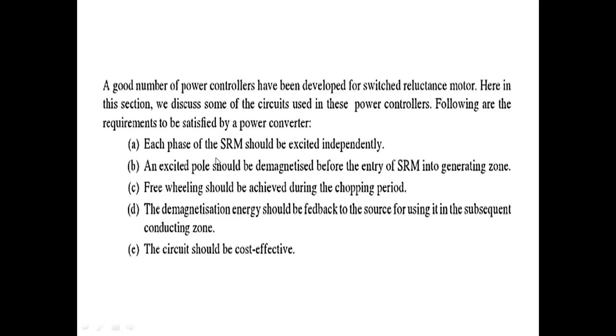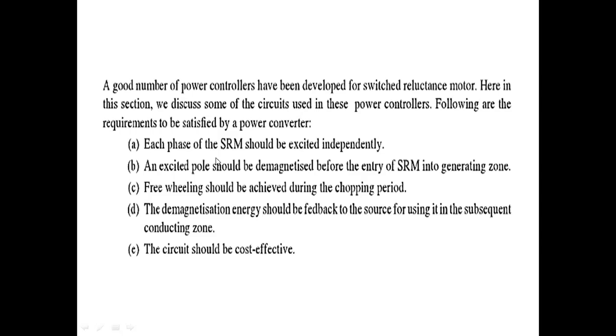And freewheeling should be achieved during the chopping period. Freewheeling diodes we are placing here. Why? Because once phase A is excited, we first have to demagnetize it to excite another phase B. Whenever phase A is excited, the rotor is aligned in the same path of the phase A stator pole.